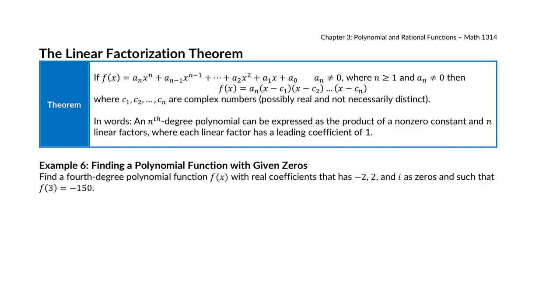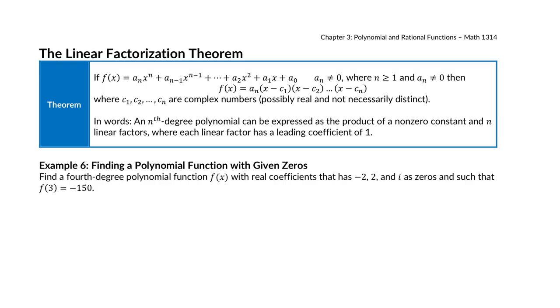It says if the standard form polynomial has particular zeros, then those zeros can be multiplied together to create the polynomial, so long as we have a starting term.